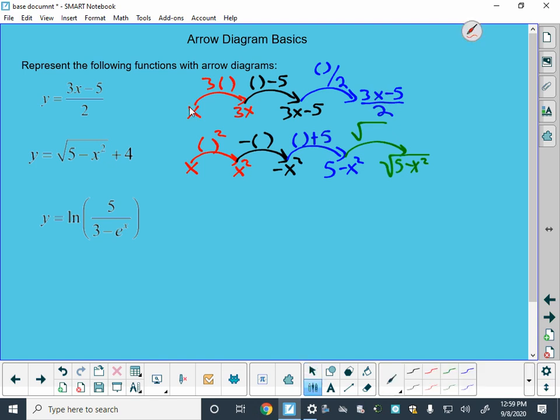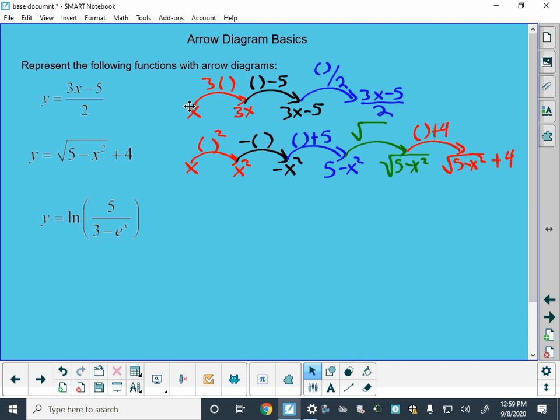And then I've got one more that I need to do, and that's going to be adding 4. So the whole thing, the square root of 5 minus x squared, gets put in that parentheses, and the plus 4 is on the outside of that, not inside of the square root. So this set of 5 arrows is what we have for this one.